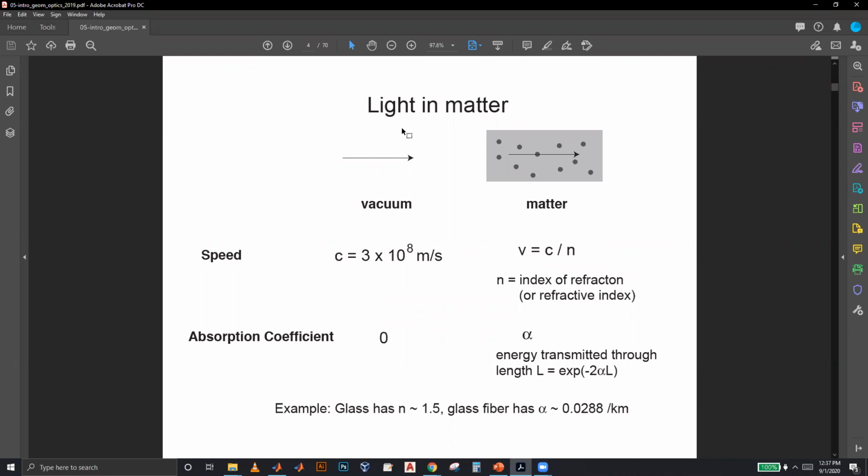Next, the question is what happens when light interacts with matter? So in the case of vacuum, you see that light is just undergoing rectilinear propagation. Inside some matter, some material, light will have to encounter the different atoms and molecules of the matter. So it will suffer a decrease in the speed of light.